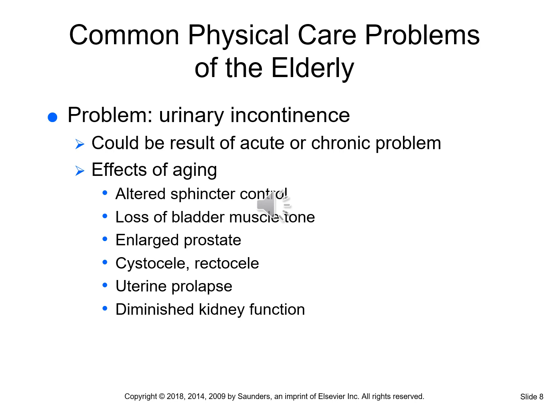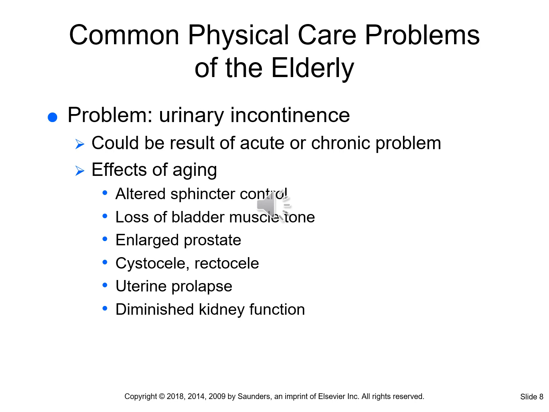Also, for men, if they have enlarged prostates, because the prostate surrounds the urethra, it will block urine from passing, but you might have dribbles of urine trying to get around that blockage, and so you'd have some leakage there. Uterine prolapse.